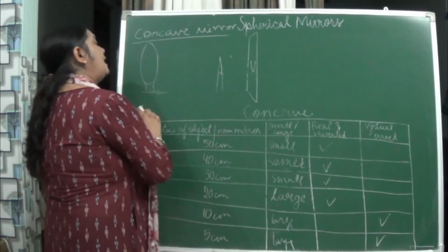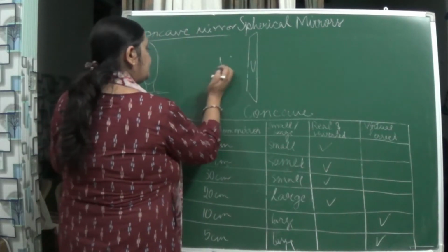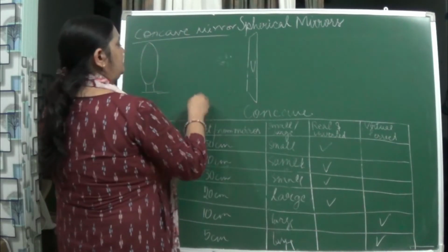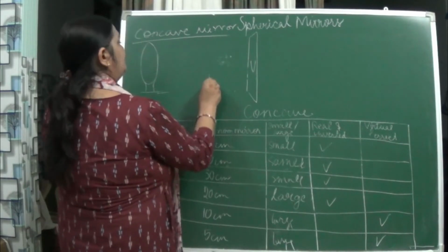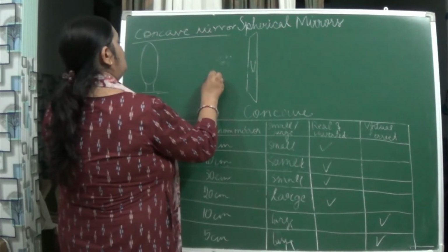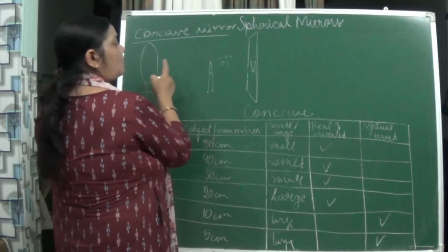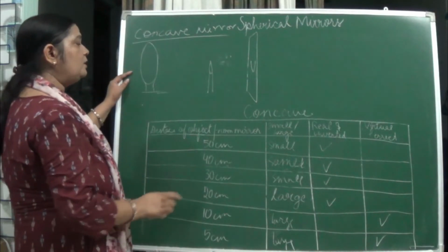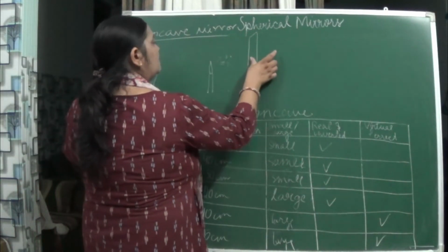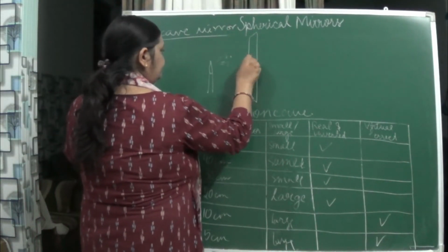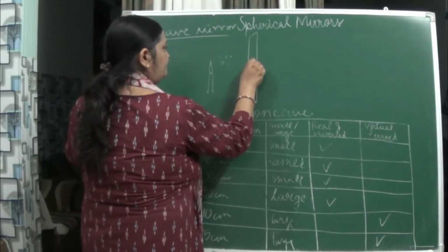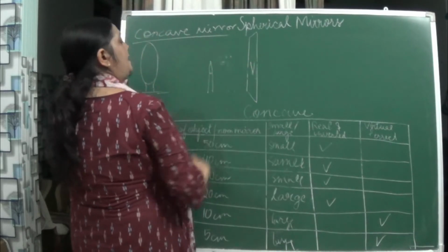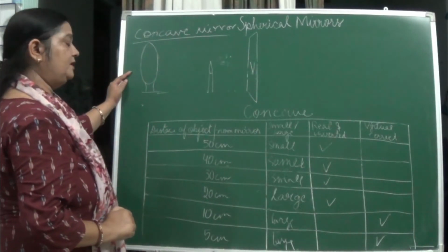Now keep it at 30 centimeter from the concave mirror. Here also you will get a smaller one only, and it will be real and inverted.